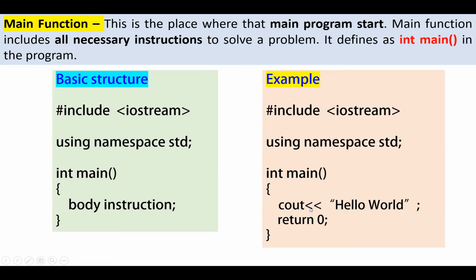These two angle brackets together we call the insertion operator. Cout with the insertion operator, two angle brackets. Cout is the inbuilt function we use to output a statement to the screen.